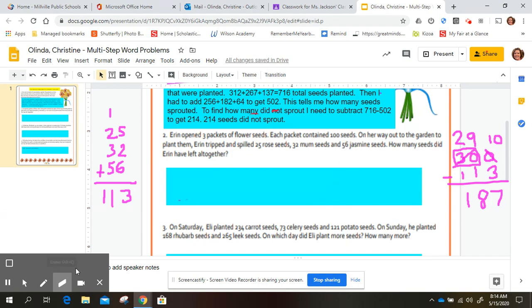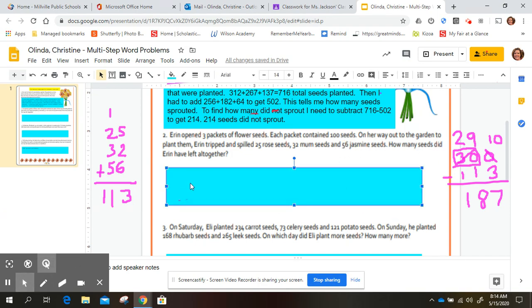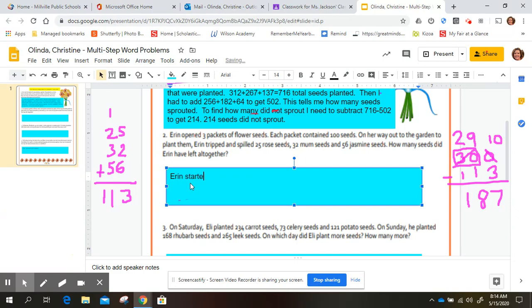All right. Erin started with 300 seeds. And I can write 100 plus 100 plus 100 equals 300. She spilled 113 seeds, and that would be 25 plus 32 plus 56 to equal 113.